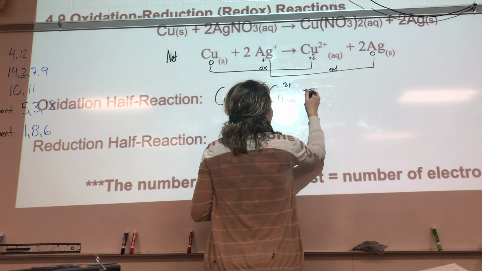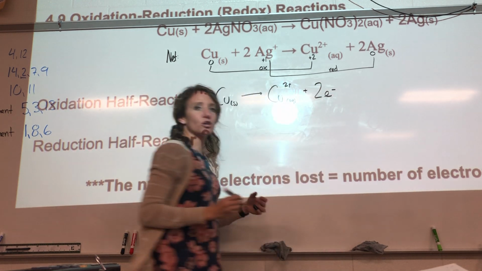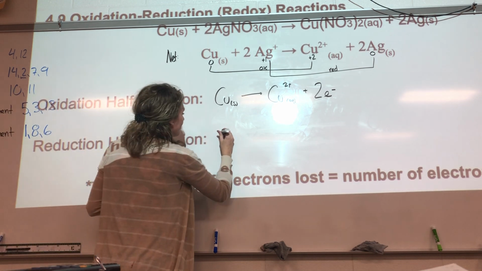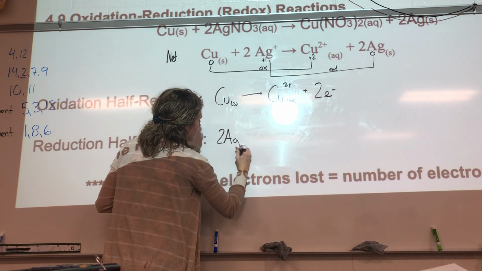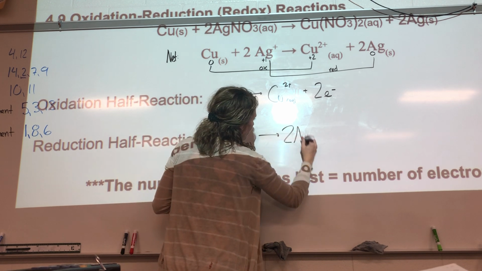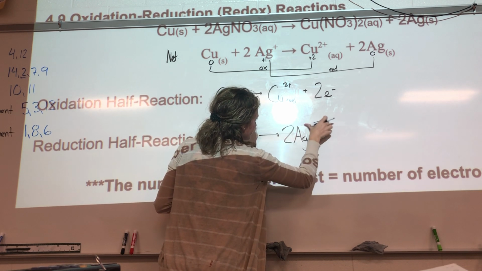So in a half reaction, you add electrons to show where the electrons are and how many are changing. Okay? For the reduction one, we have silver ions changing into solid silver.